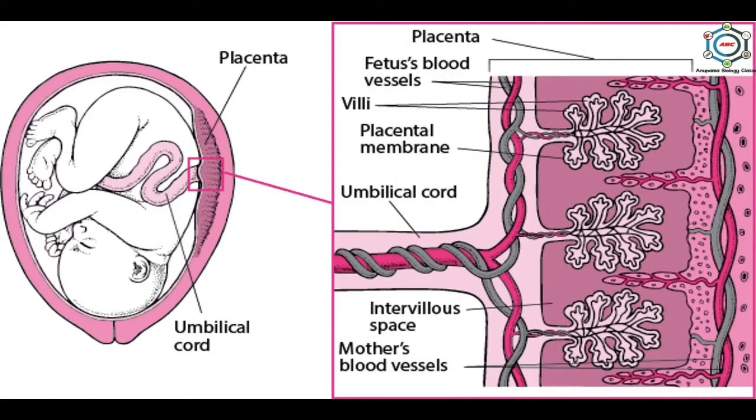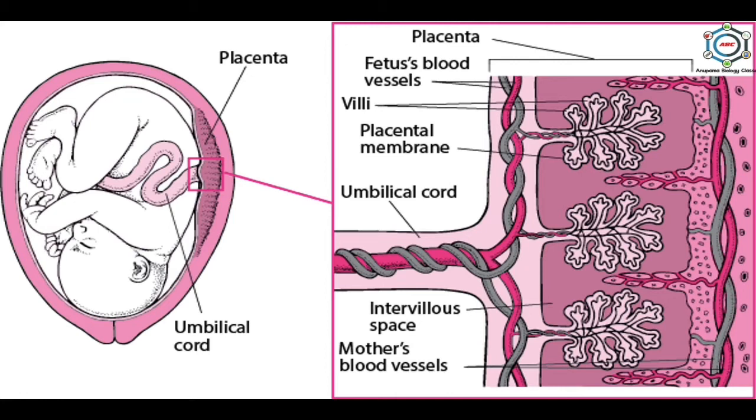Now, here, a large number of branching villi from the vascular chorion penetrate the corresponding pits, that is, the crypts, formed in the uterine wall. The intimate connection established between the fetal membrane and the uterine wall is hemochorial placentation. The placenta has two parts.